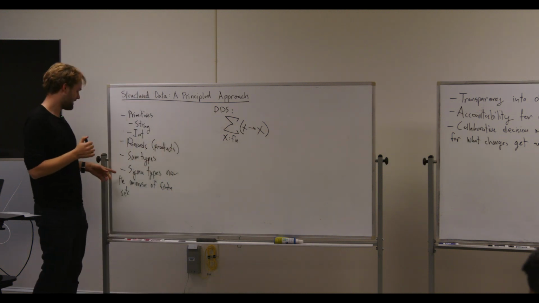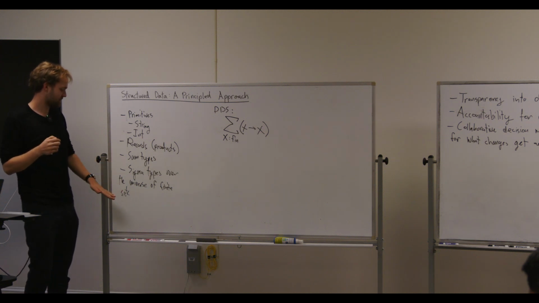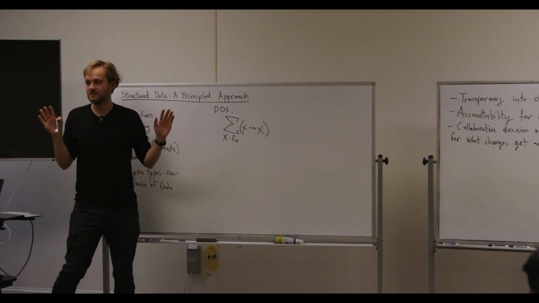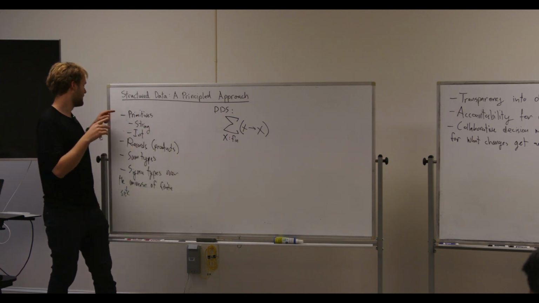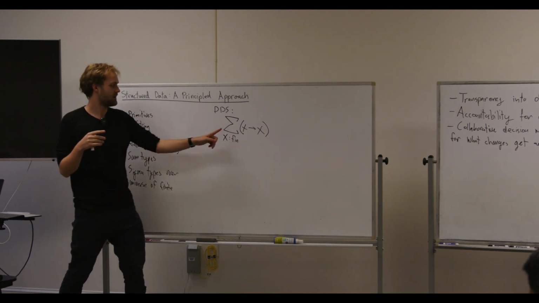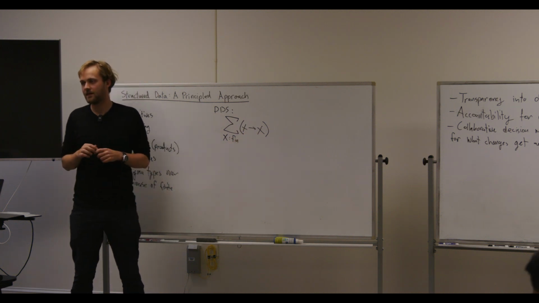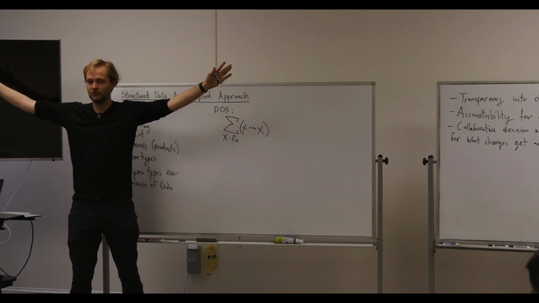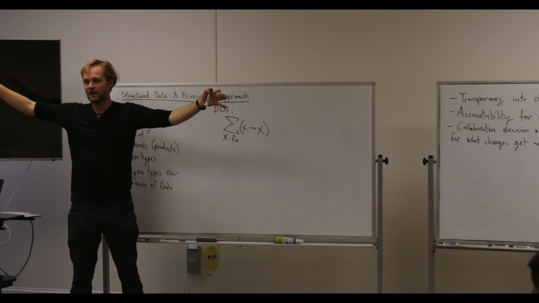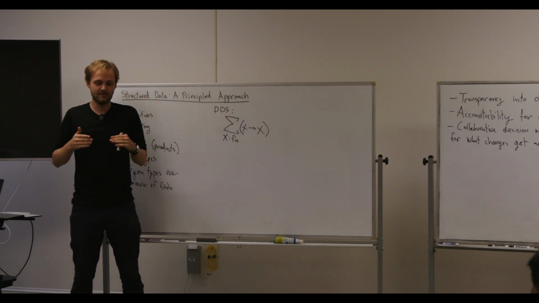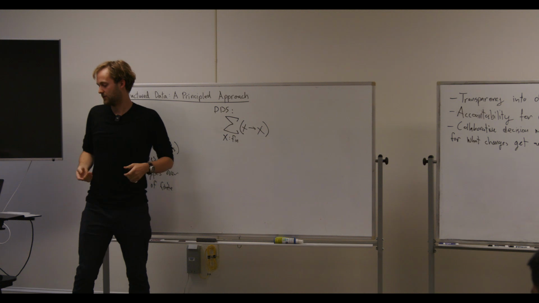So I claim that a type theory that only has these type formers, primitives, records, sum types, sigma types, and functions out of finite types, any type that you build up recursively out of these formers is serializable.